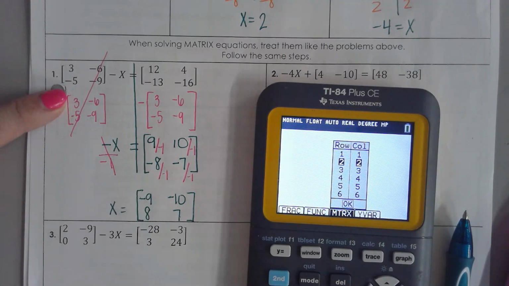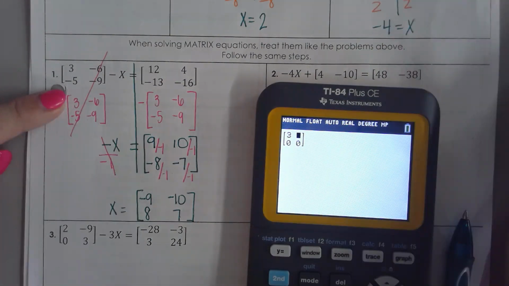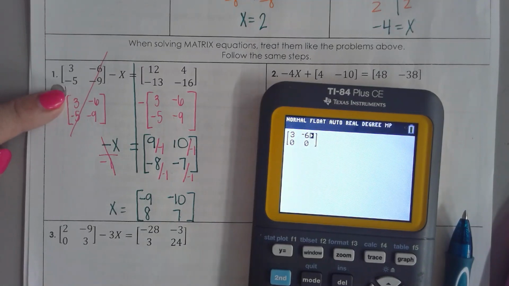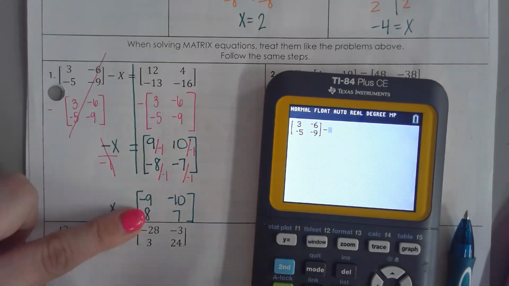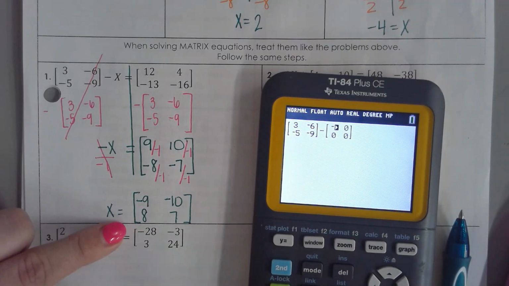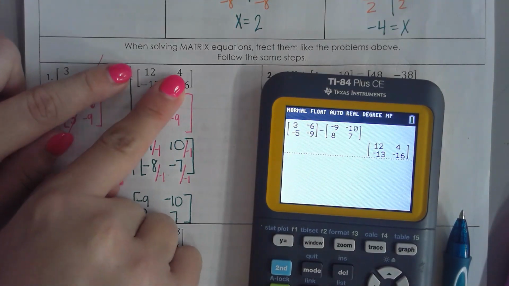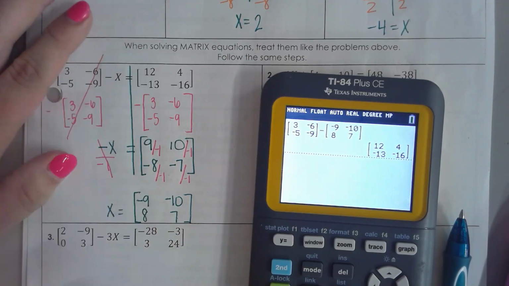So -6, -5, -9, minus, and then what I got for x, and hit enter, and 12, 4, -13, -16, yes, I did it right.